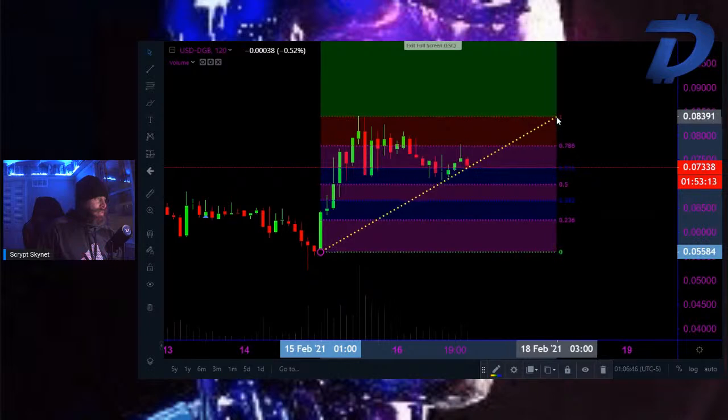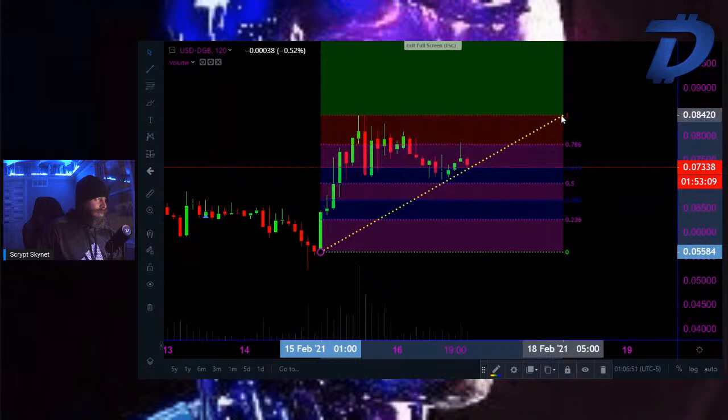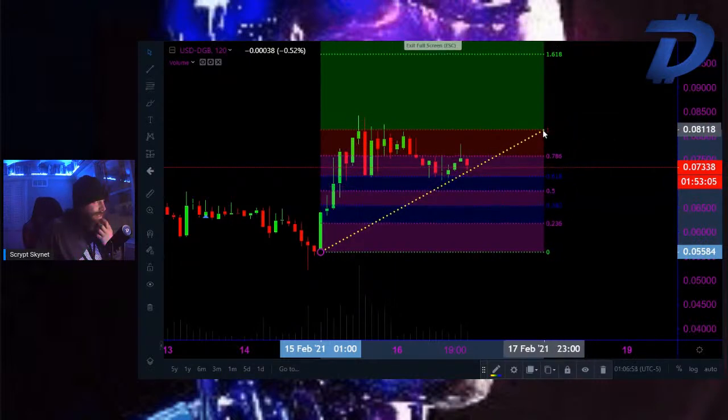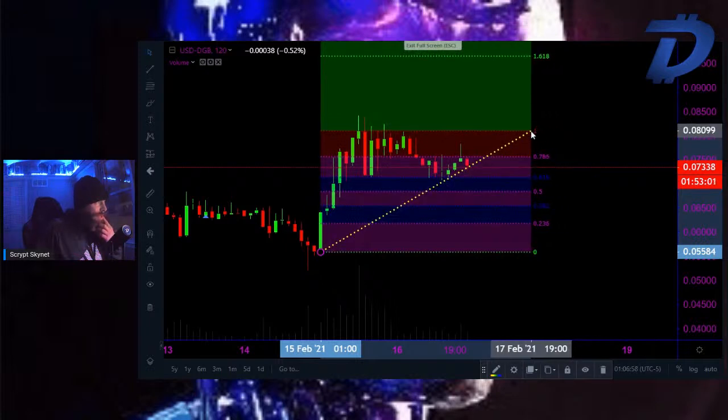The red is on there, but in this case it doesn't matter. I'm using the wicks, okay? Because if I move it down and over to the candle bodies, and make sure this is up against the candle body, it's a little tighter area.